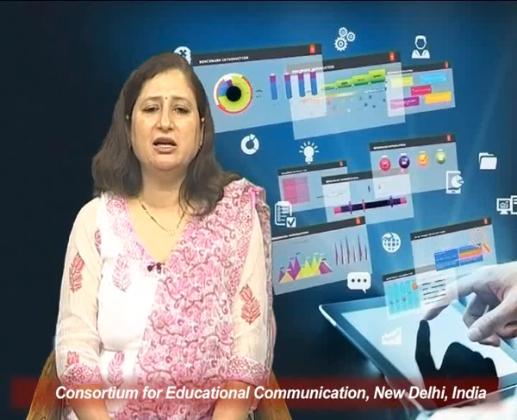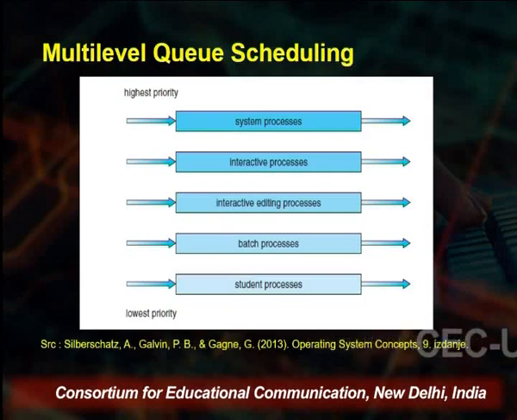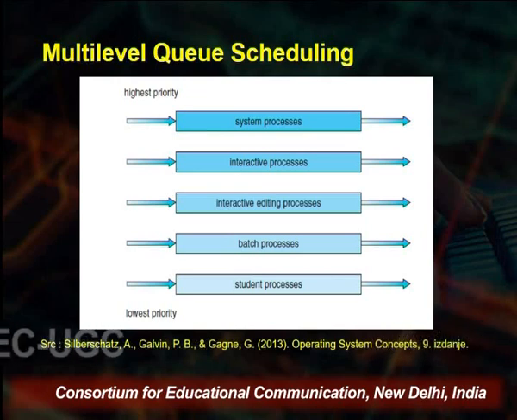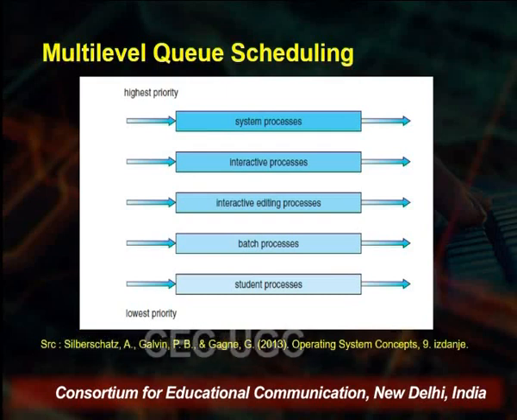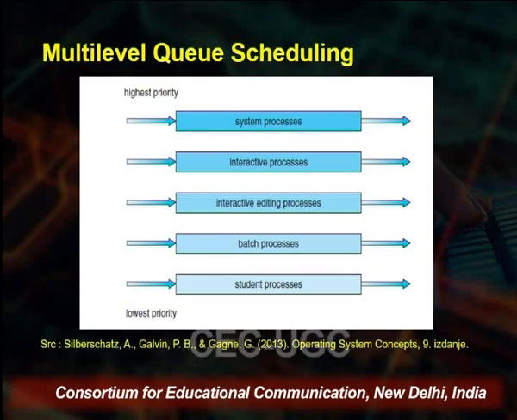So, if you see here, there are 5 different types of queues, and they are arranged in the order of priority, highest priority and lowest priority. So, processes cannot move between one queue and the other queue, and a process in a lower priority queue, say for example the student processes, will only be able to get the CPU when all the top 3 queues are empty, right.